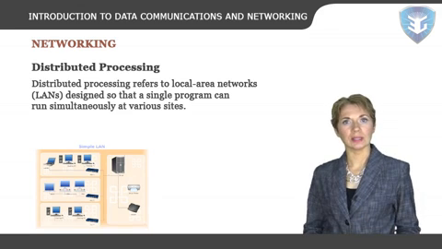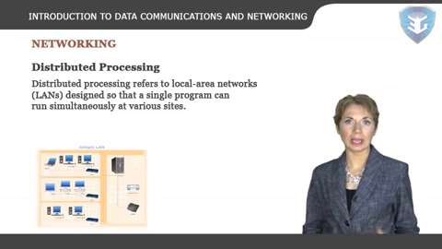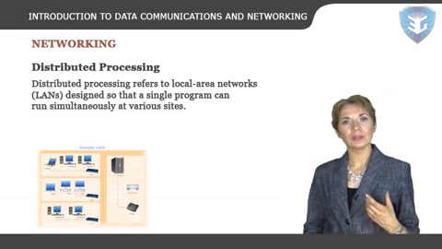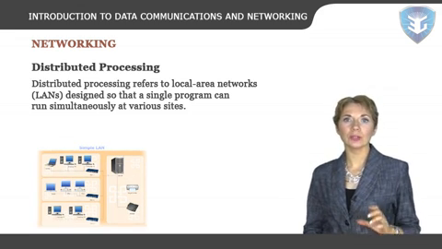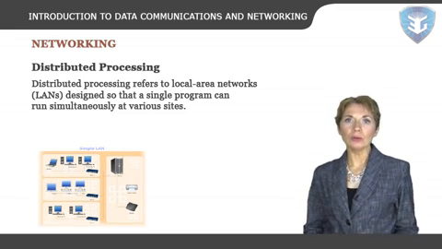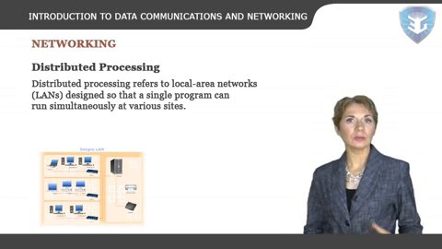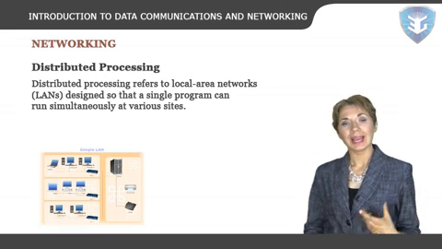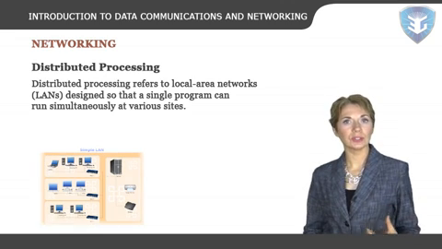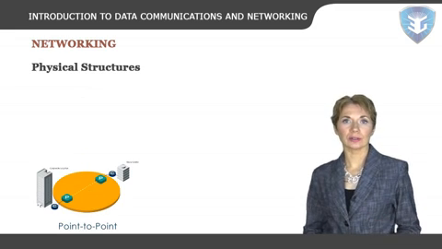Distributed processing refers to local area networks, or LANs, designed so that a single program can run simultaneously at various sites. Most distributed processing systems contain sophisticated software that detects idle CPUs on the network and parcels out programs to utilize them. Let's learn about physical structures.